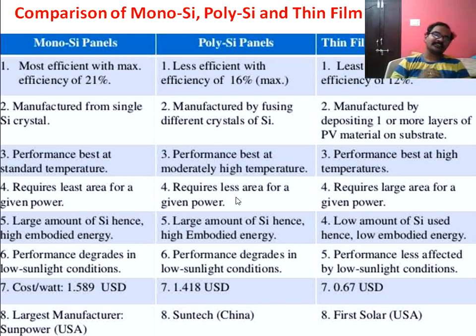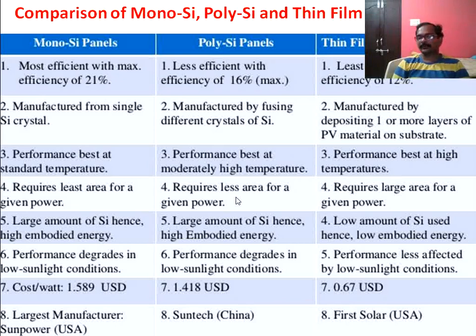If the temperature increases beyond 25 degrees centigrade, the efficiency will go down drastically. Polycrystalline solar cells show less degradation compared to monocrystalline, so even if the temperature is more than 25 degrees centigrade, they can withstand it. But thin film amorphous silicon panels can withstand very high temperatures. They can be used even at 40 degrees centigrade with no degradation in efficiency.